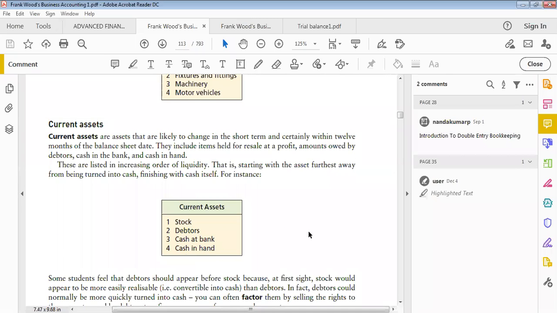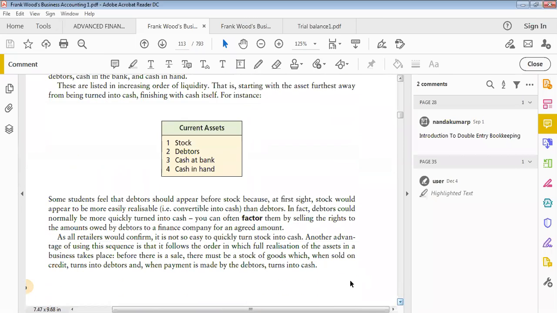Some students feel that debtors should appear before stock because, at first sight, stock would appear to be more easily realizable, that is convertible into cash, than debtors. In fact, debtors could normally be more quickly turned into cash. You can often factor them by selling the rights to the amounts owed by debtors to a finance company for an agreed amount.